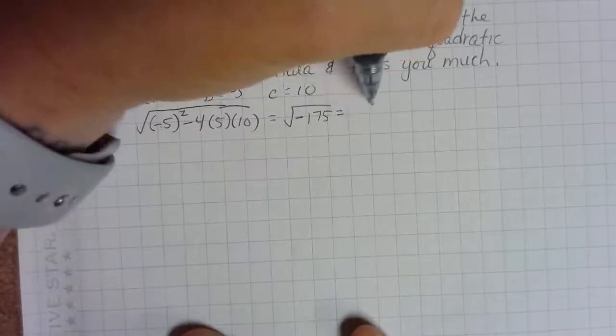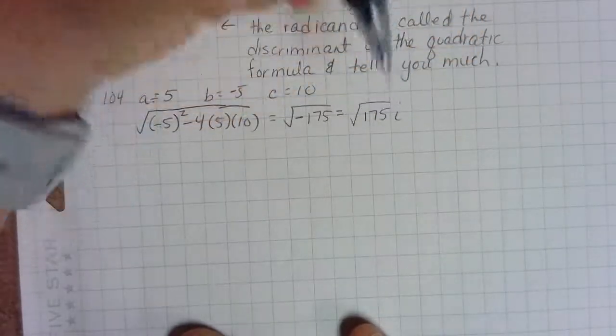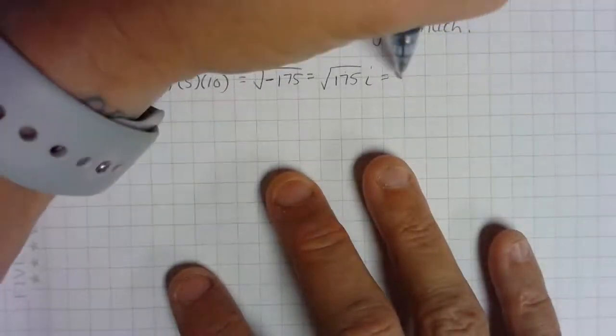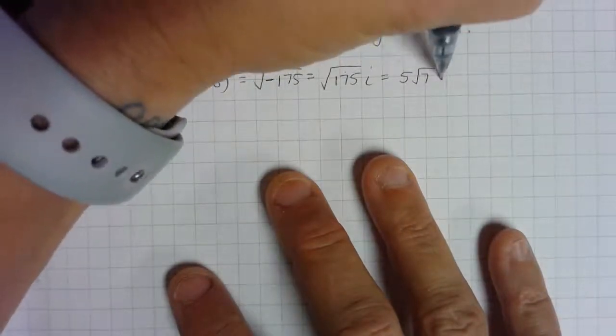So at that point, you have the square root of negative 175, or 175i. 25 is a perfect square that'll come out of that. It comes out as a 5, and 25 times 7, so 5 square root of 7i.